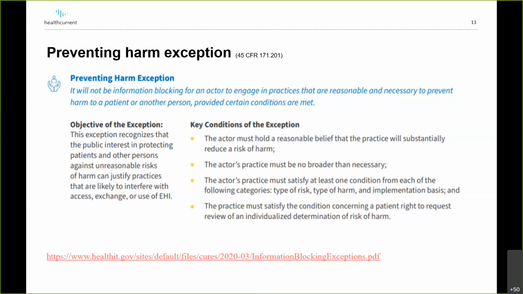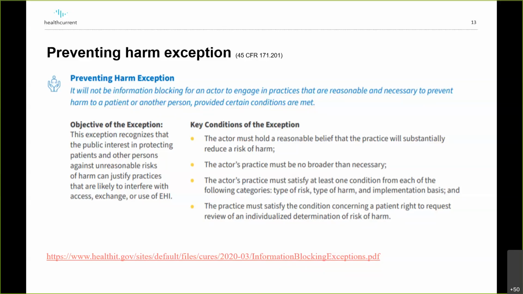And what ONC has told us is that if your practice that's interfering with the EHI can fall within one of these 8 regulatory safe harbors, you're guaranteed to not be found to have been information blocking. So the OIG, if you are a healthcare provider, will not refer you to the appropriate agency for disincentives.